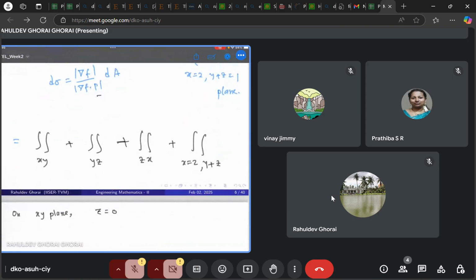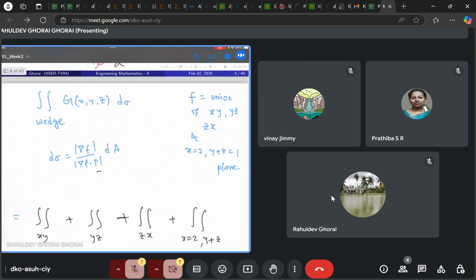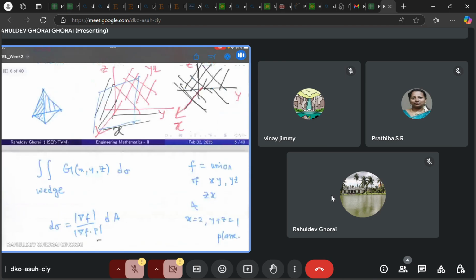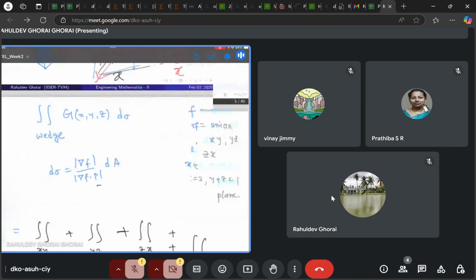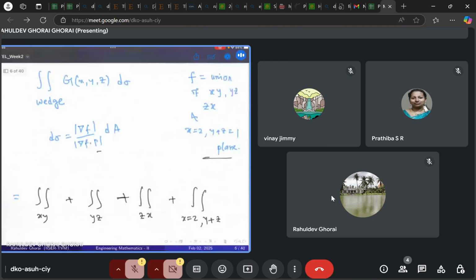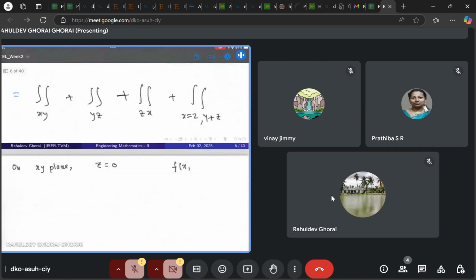So the surface here will be f(x,y,z). You see, we said F is the union of xy, yz, zx and this plane. F is not only this plane, right? So f(x,y,z) is z equal to 0. That's F.